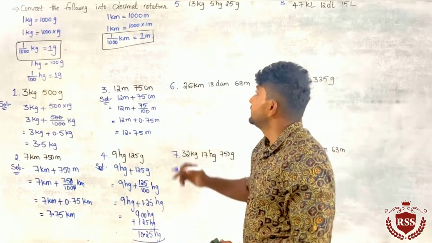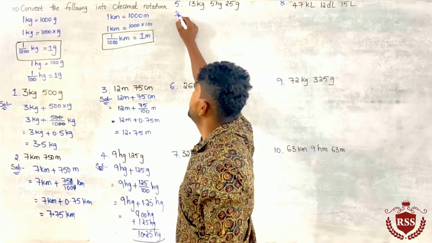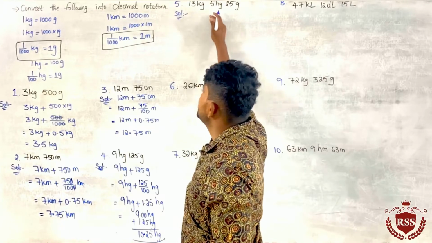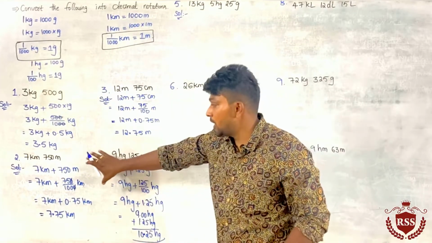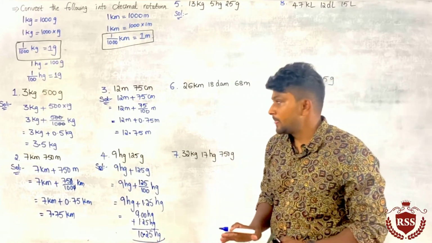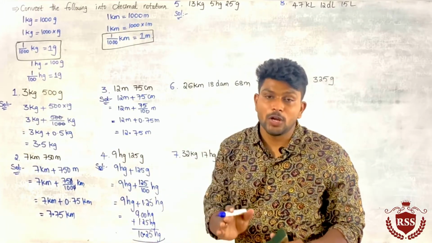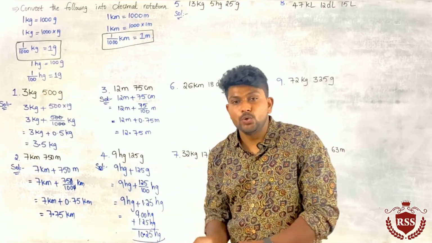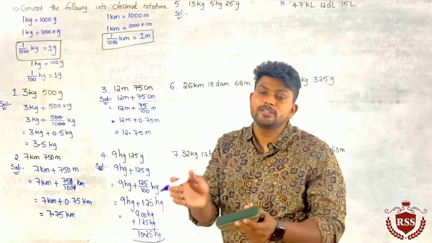Okay. Now very important questions. These questions depend on how well you have understood these 4 questions. Clear? Here we need to convert lower units into higher units, the biggest unit in the given question.